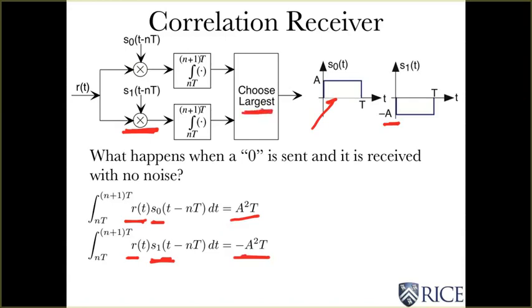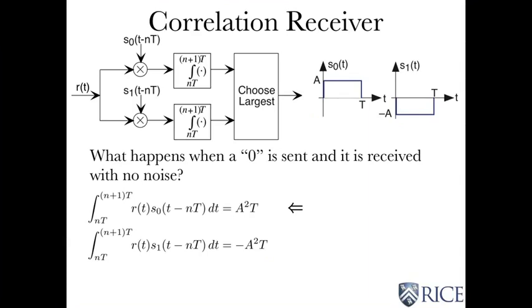It turns out for BPSK, one is always going to be the negative of the other. So which one is positive is the guy that we want, and we would choose that. And of course, that turns out to be absolutely the right case. It's always going to be that way in the case of no noise. So we have a perfect receiver that creates no errors on its own when there's no noise around. The channel is being nice to us.